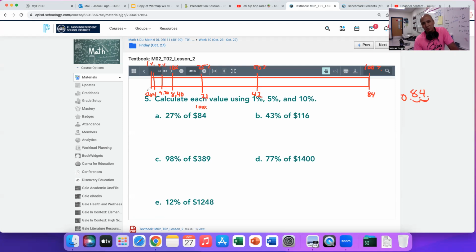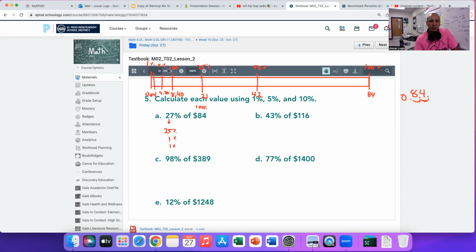I know it's a little cluttered, but hopefully that at least gives you some understanding of where I'm getting these numbers from. So if we need to get to 27%, notice 27 is actually the same thing as taking your 25% and combining that with 1% and then another 1%, because 25 plus 1 plus 1 is 27.